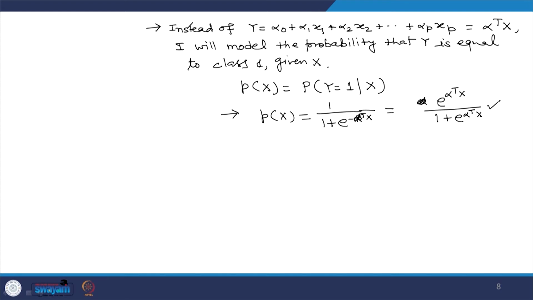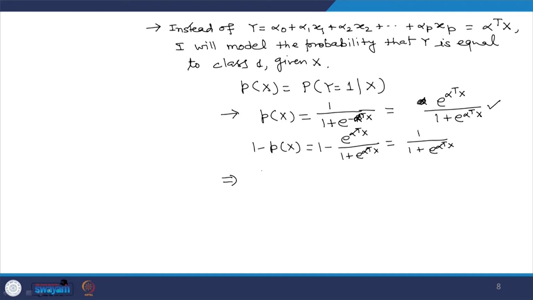So, basically I am using the sigmoid function instead of the linear combination of x 1, x 2 and so on. Now, what you do? You rearrange. What will be 1 minus p of x? It will be 1 minus e raised to power alpha t x upon 1 plus e raised to power alpha t x. So, it will become 1 upon 1 plus e raised to power alpha t x.